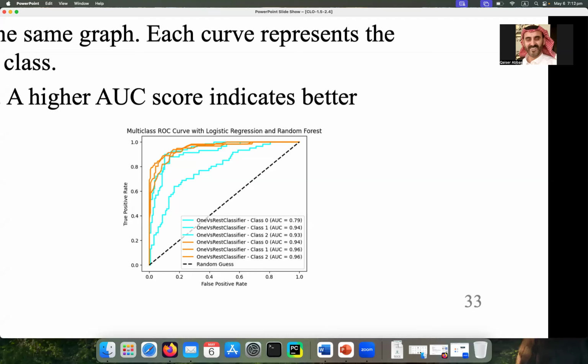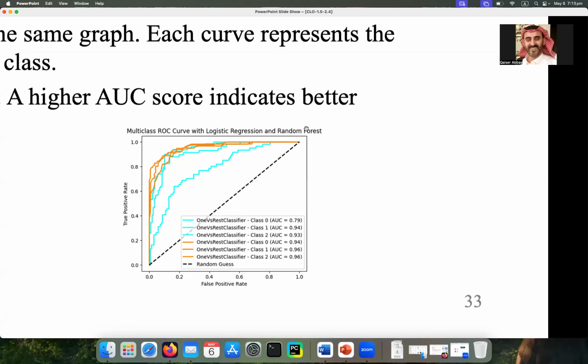And then similarly, now when you are using logistic regression, you are taking A out, the remaining combined, and then you have this auc-roc, one curve which is representing A, then the representation for B, and then the representation for C. And this is how you are checking these two classifiers, logistic regression and random forest.